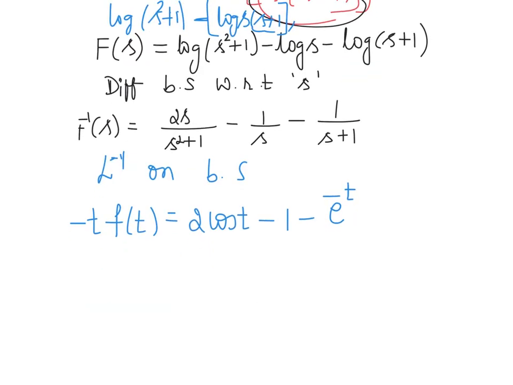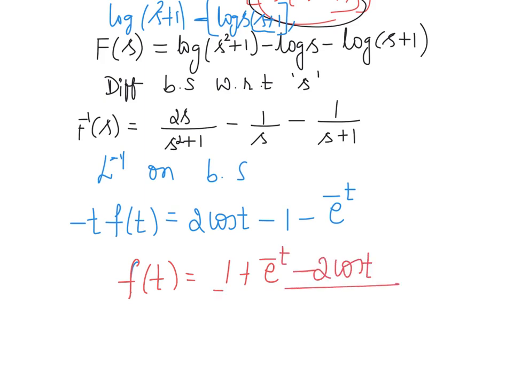So finally our result f of t, including the minus sign, I'll take it as 1 plus e power minus t minus 2 cos t divided by t.